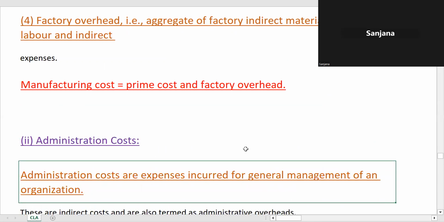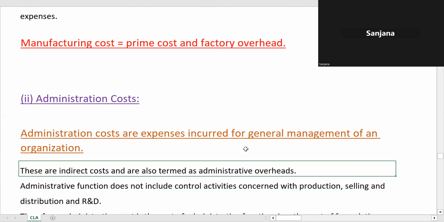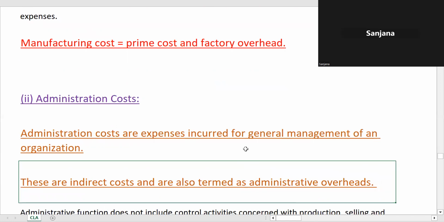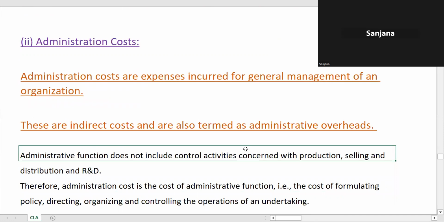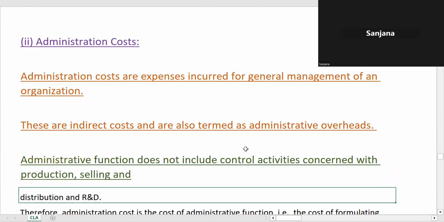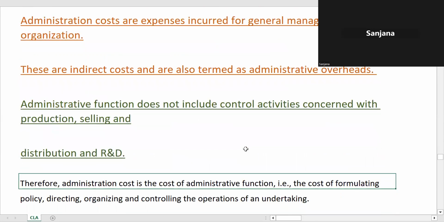These are always indirect. Why are these always indirect? Because you won't incur a particular administrative expense just for one product. It will be for everything in general, which is why these are always indirect costs. And the administration function does not include production, selling and distribution, R&D.